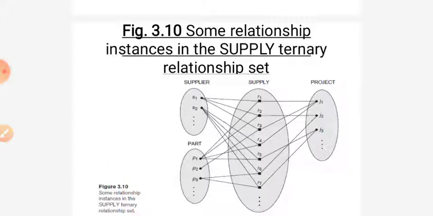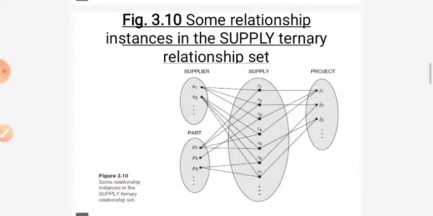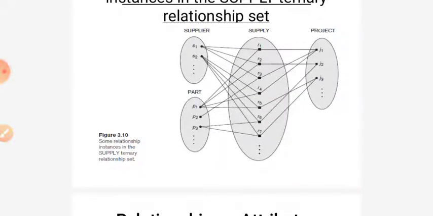So a supplier supplies part to a required project. That is what it means. So there are three entities, one is supplier, another is part, another is project, participating in the relation supply. That is why this is a ternary relationship.